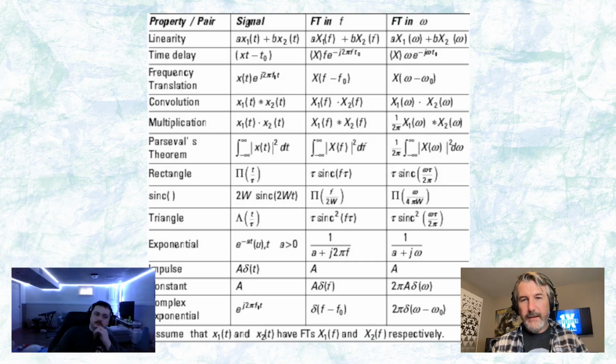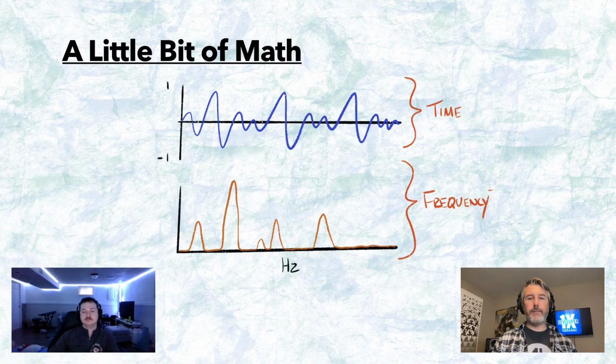Well, I think in general you won't need to get that deep into it. The important part for audio programming is that this function takes in a chunk of audio, an audio signal in the time domain, and it outputs something in the frequency domain, which is a representation of how much each frequency is represented.